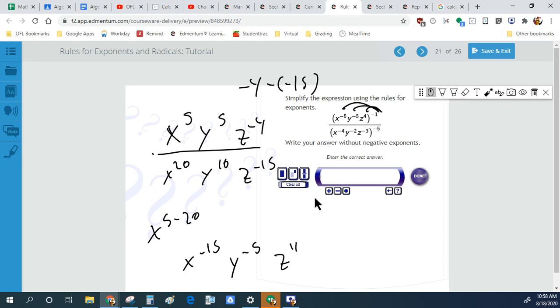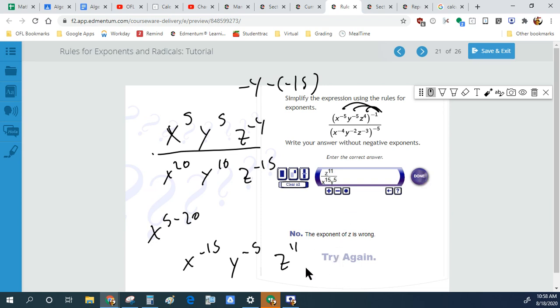The only one that's positive is the z, so the z goes on top with a power of 11, x to the 15, and y to the power of 5. That should be good to go.